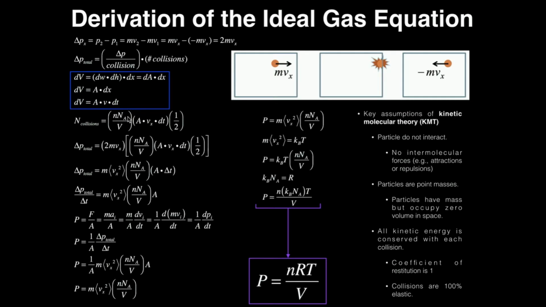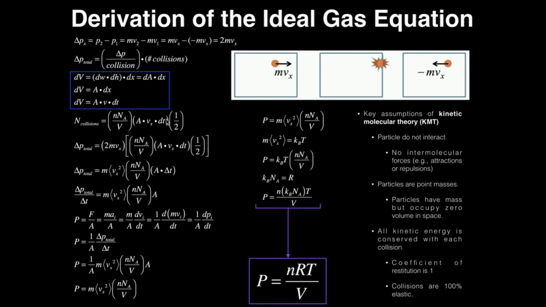Usually you don't see it written like this in general chemistry, but in physical chemistry, a lot of times Avogadro's number is written as capital N with a subscript A. So if you take moles times Avogadro's number, this numerator would be the total number of molecules. And then if I divide the number of molecules by the volume of the container, that gets me an effective concentration, the number of molecules per unit volume. So if I take the number of molecules per unit volume and multiply by the total volume, that should get me the total number of collisions, right?